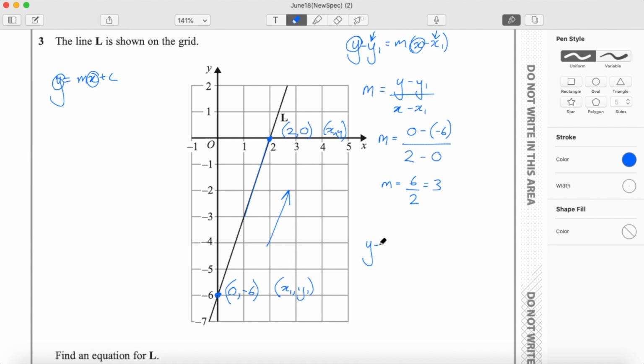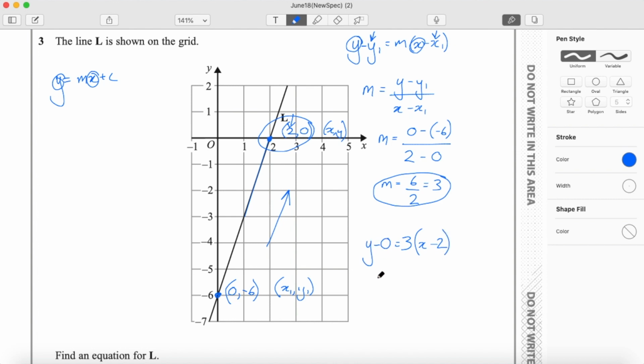So y minus y1, 0, equals m, we said our gradient m is 3. x we're keeping, remember, because we want it in the form y equals mx plus c. Minus x1, which we said was 2, because remember I'm choosing this point.